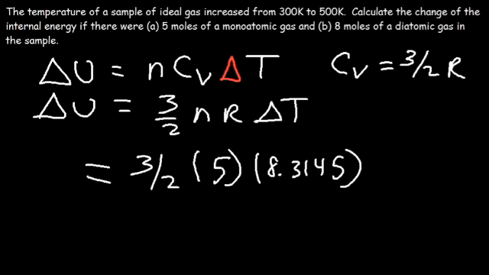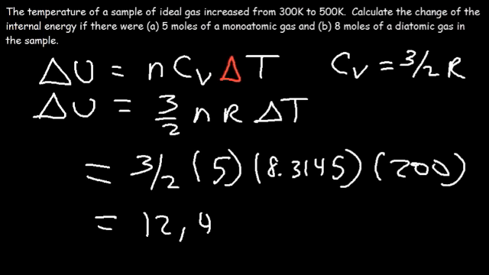And the change in temperature, final minus the initial value, that's 500 minus 300, which is a change of 200 Kelvin. And this is going to be equal to 12,472 joules, rounded to the nearest whole number.